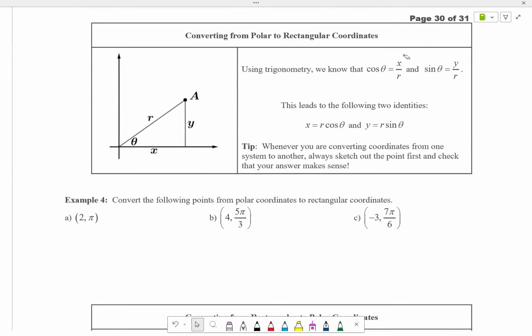We could. Haley, what did you do? Yeah, so I wrote out the formula. Okay. Nice. And then for y?